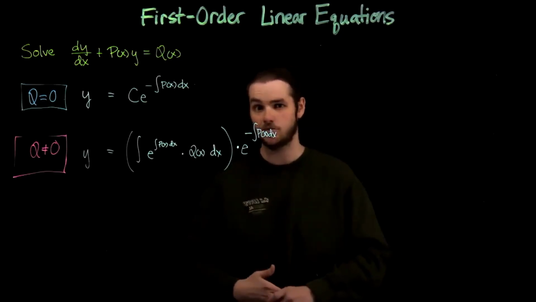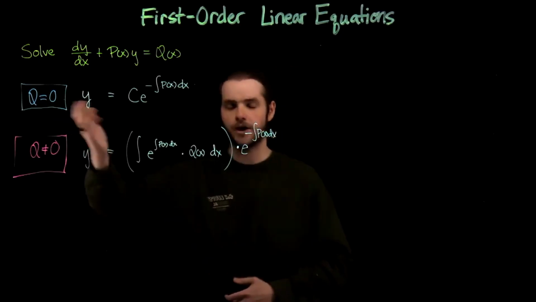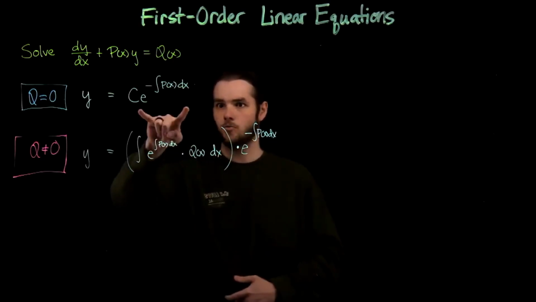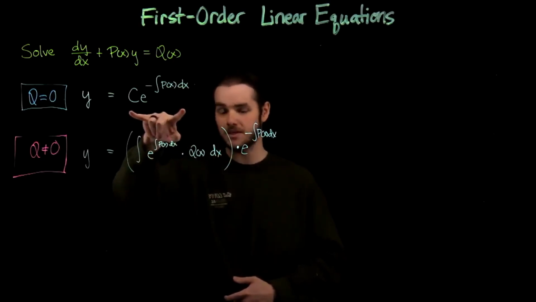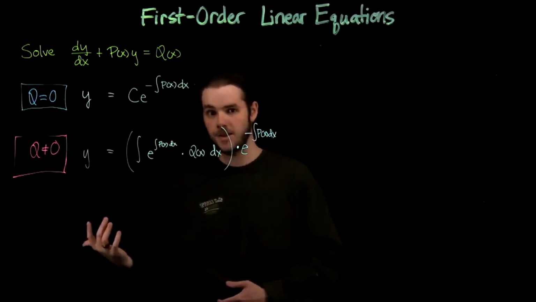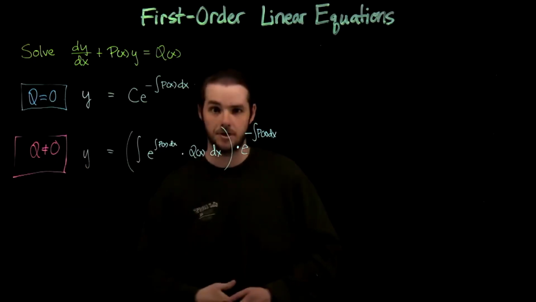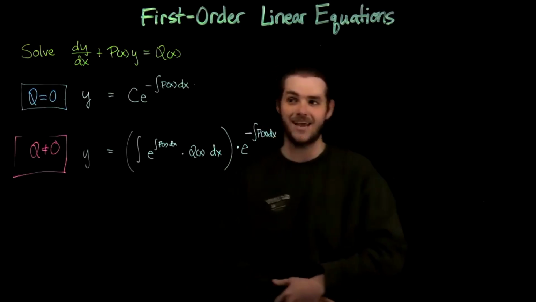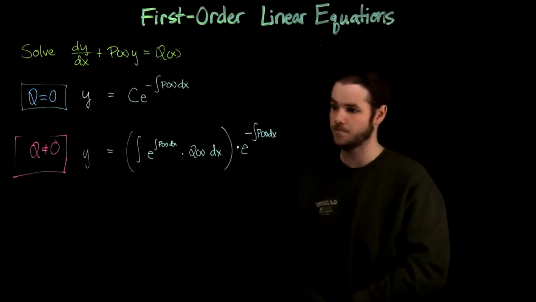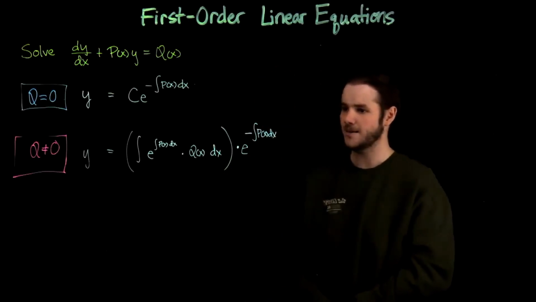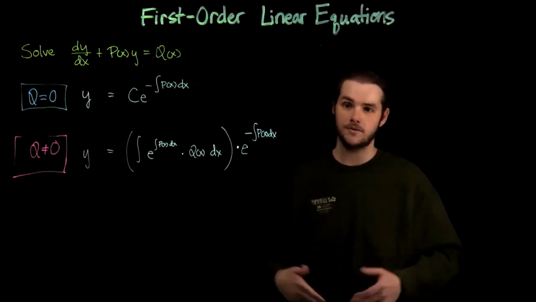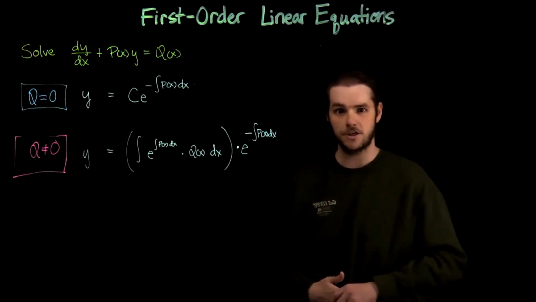But it misses a lot of information because it'll rarely be the case in general that q is equal to 0. So while this is a good start, it was missing some information. We thought that when q is not equal to 0, it would still have that same form. Notice I've still got that e to the negative integral p of x dx term, or factor I should say, except that this time we variated our parameter. We allowed the coefficient to be a function of x.